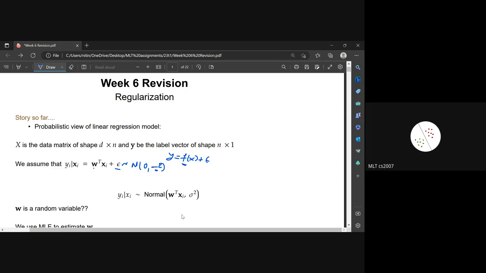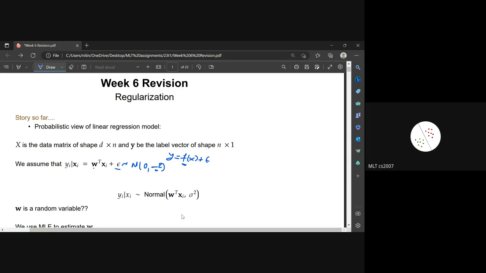If the variance is high, some points may have high positive error and some high negative error, and that will cancel out. Lower variance means smaller positive and negative errors, which cancel out so that on average the error is zero.